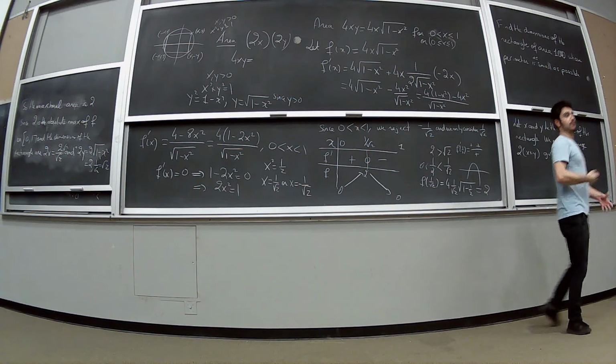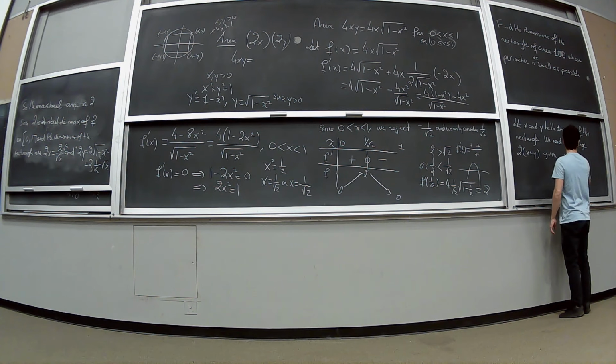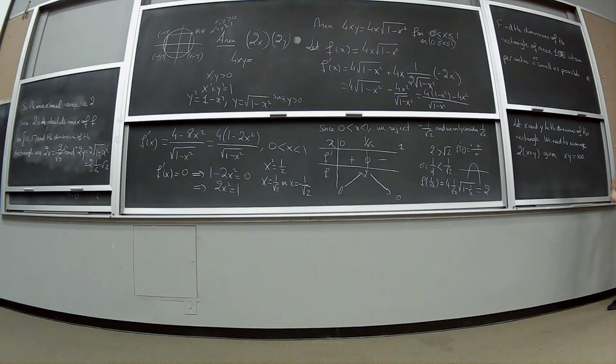What condition am I given? That the area is 100. How do I translate that into an equation with the variables I know? With xy is equal to 100.